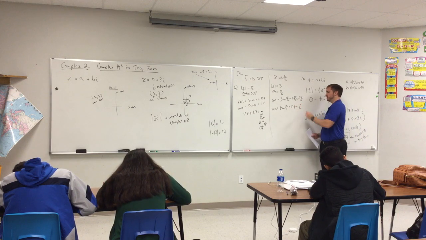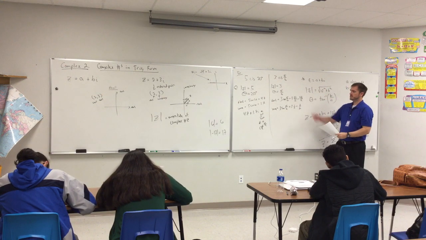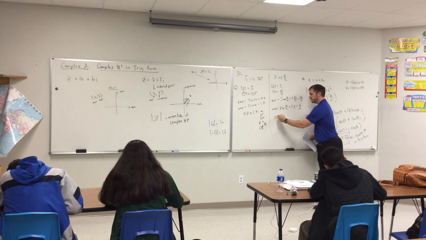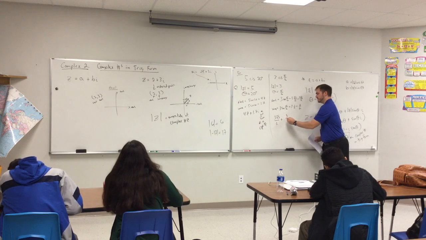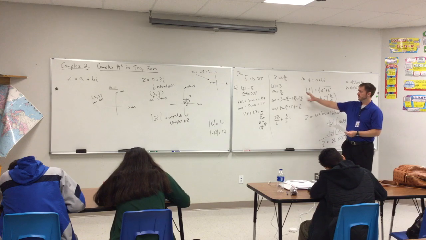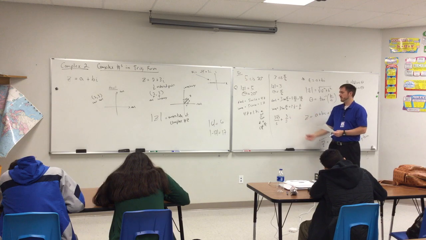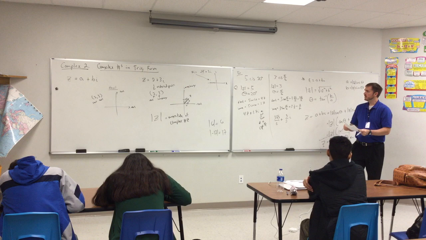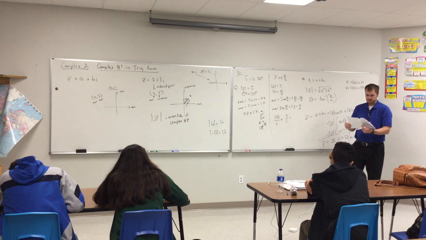So 3/2. 3 cis pi over 6 turned into rectangular form would be 3 root 3 over 2 plus 3 over 2 i. Real part, plus imaginary part. Okay. All right, very doable. I think we're ready for some problems.